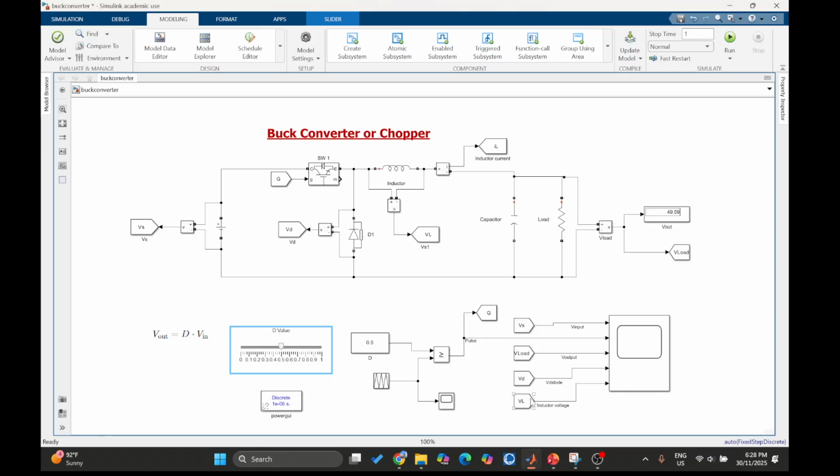I would like to show you the inductor current here.